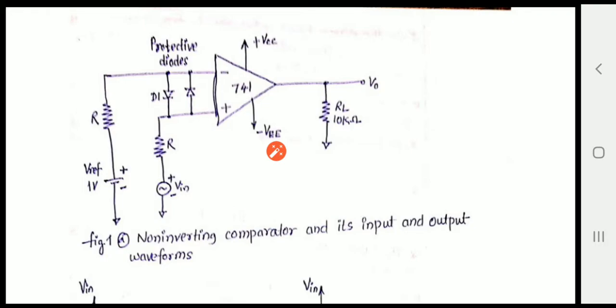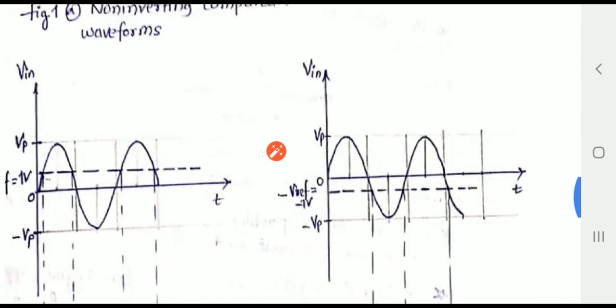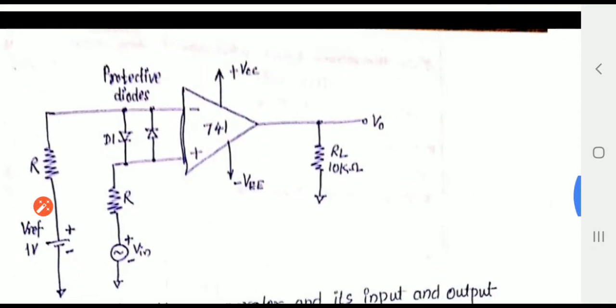Now we'll move on to the waveforms. These are the first two waveforms I am showing right now. Here Vin is the applied voltage for the non-inverting terminal. The reference voltage is taken as 1 volt, which is connected here. So this is one complete waveform. The condition goes like this: if the input voltage Vin is greater than the reference voltage, then V0 should be equal to plus VCC, that is plus V saturation.